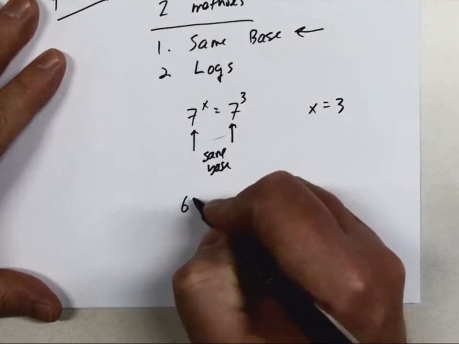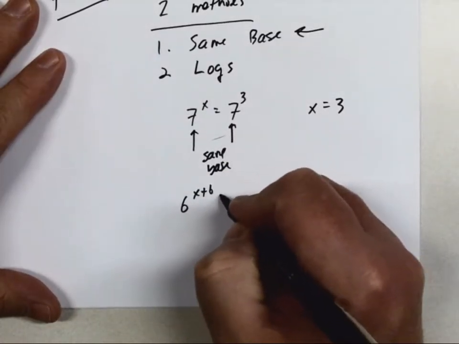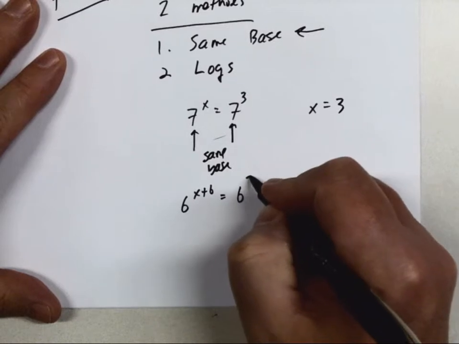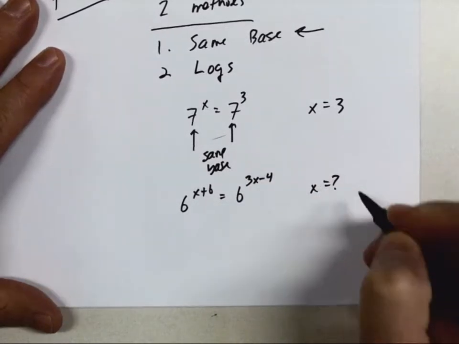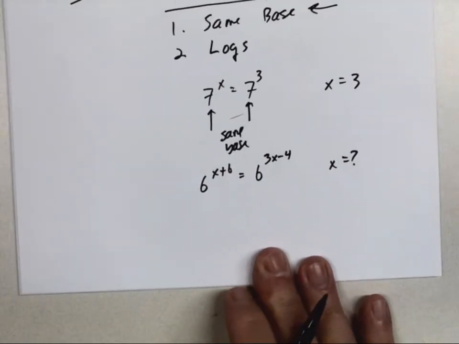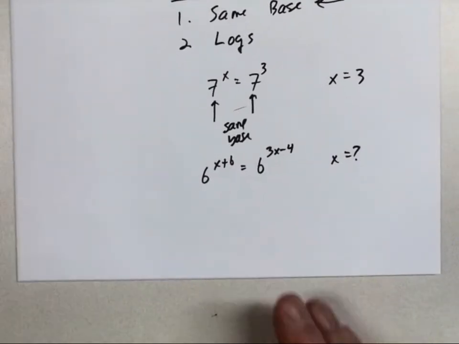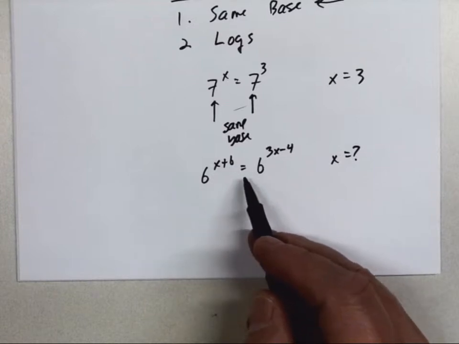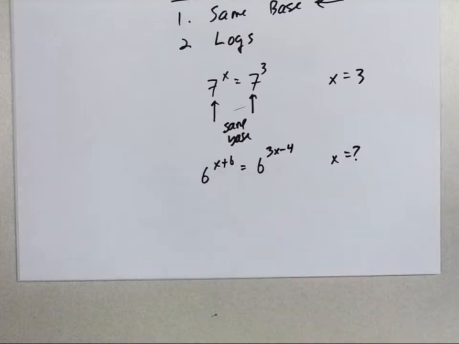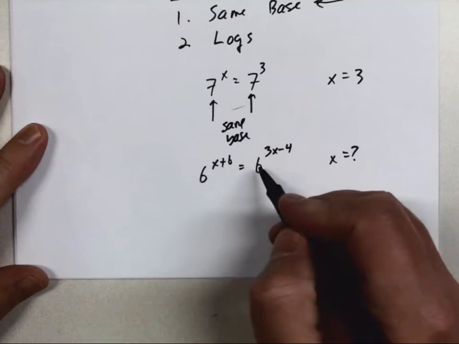Here's the second example, a little more complicated. We're asked to solve this equation: 6 to the x plus 6 equals 6 to the 3x minus 4. Well, first thing I notice is I have the same base, 6 and 6.